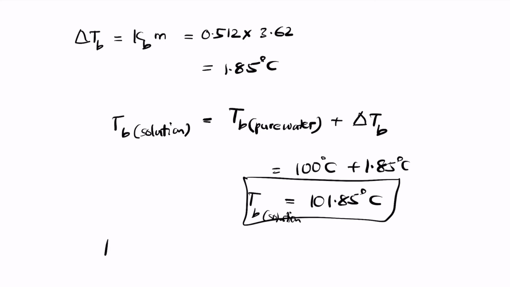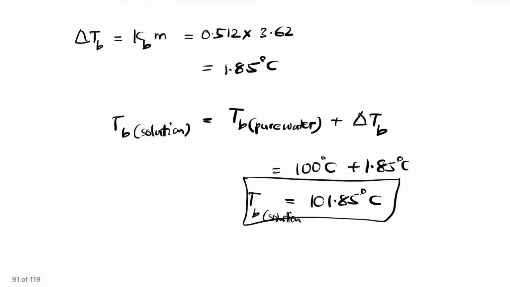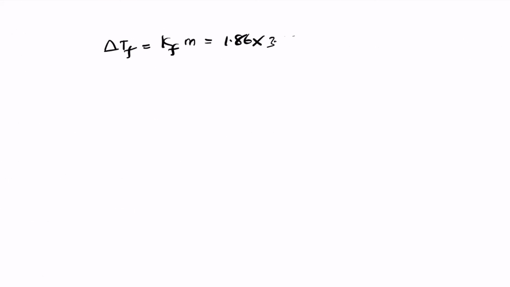Next, we need to find ΔTf, which is Kf times m. Kf is 1.86 from the table and the molality is 3.62, so that value becomes 6.73 degrees centigrade.